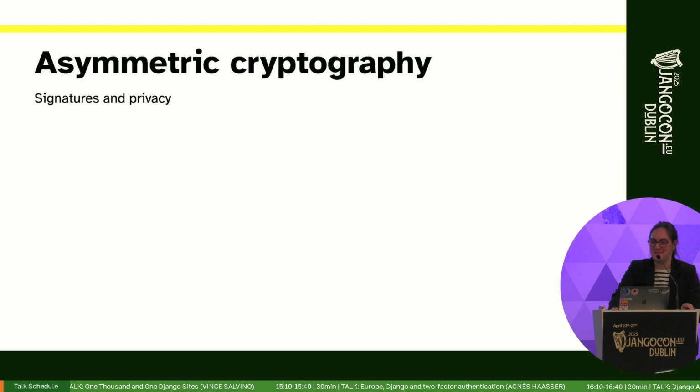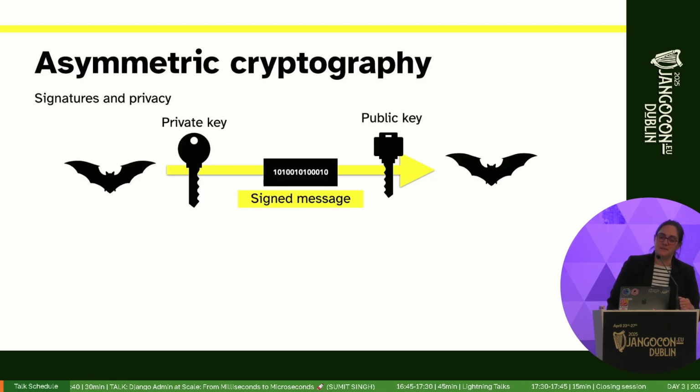So let's talk about asymmetric cryptography. I assume you have heard of public key and private key. Oh, my notes are in French. That will be interesting. So the basic principle of asymmetric cryptography is that if you encrypt something with a private key, you can only decrypt it with the corresponding public key.